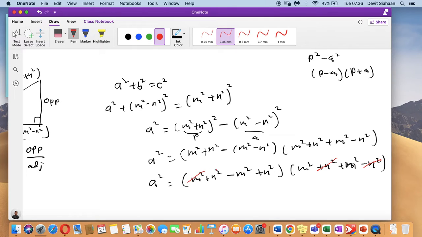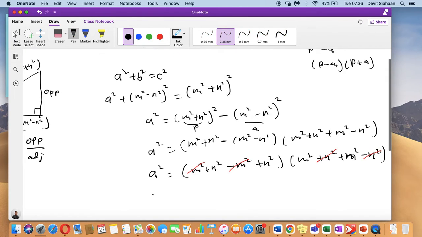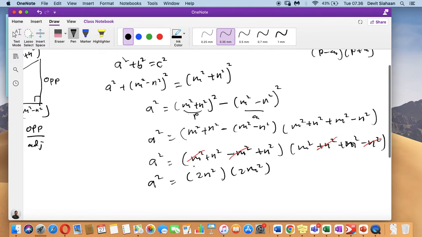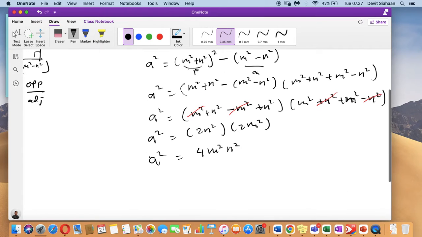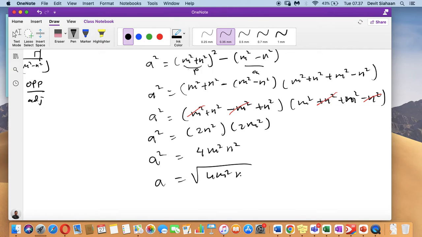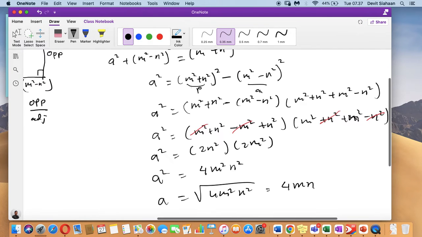So a square equals 2n square times 2m square, which is 4m square n square. Taking the square root, the opposite side will be 2mn. It's simple using identities. But if you cannot use identities, you can just expand this, but later on it will be a long workout.